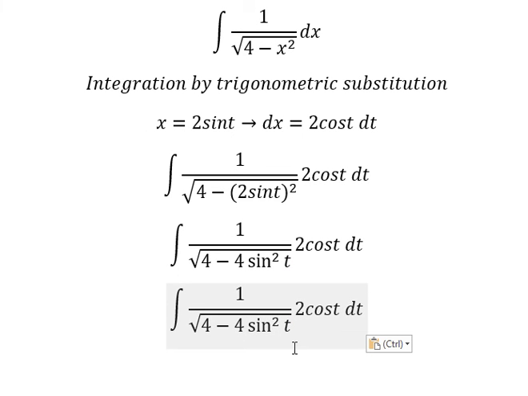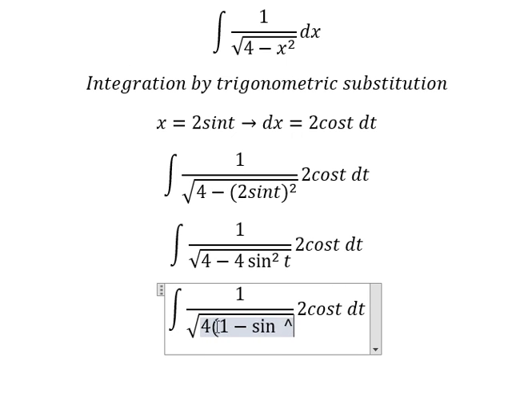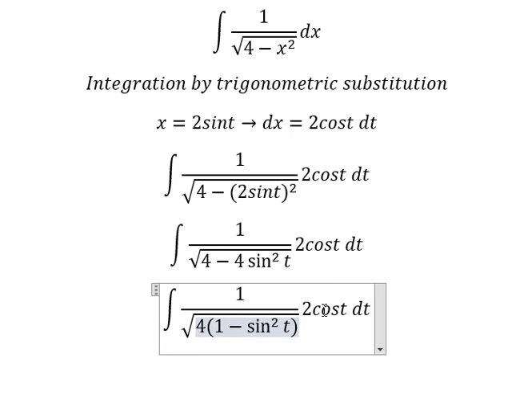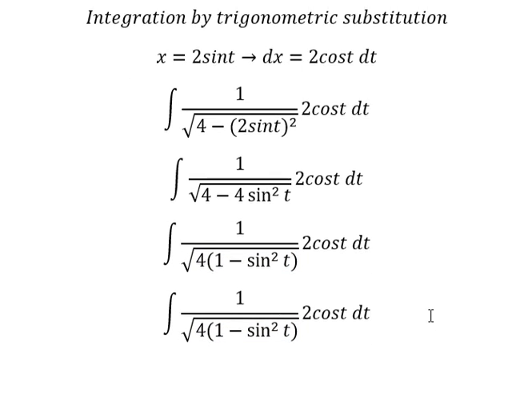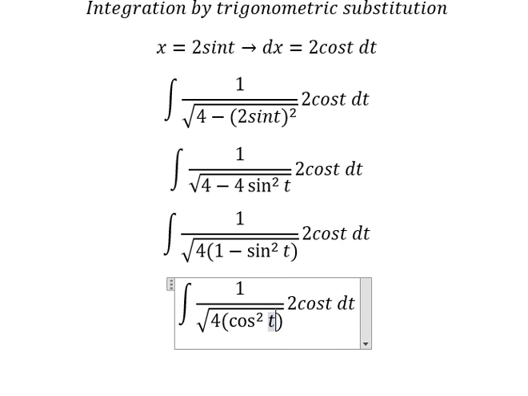Number 4, we can factorize. 1 minus sine t squared, we get cosine t squared.